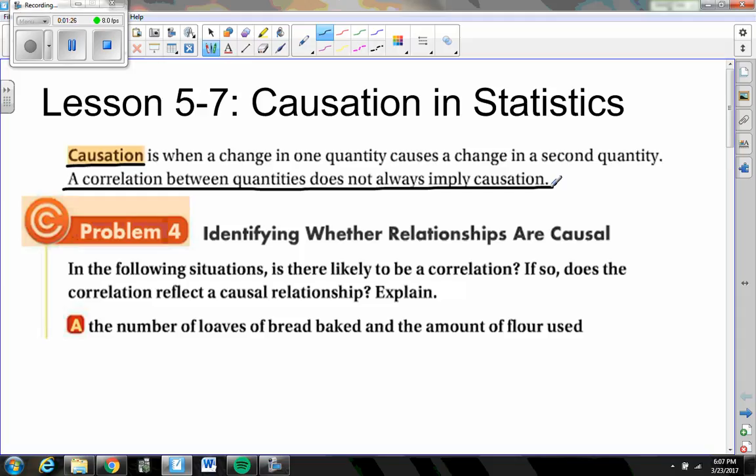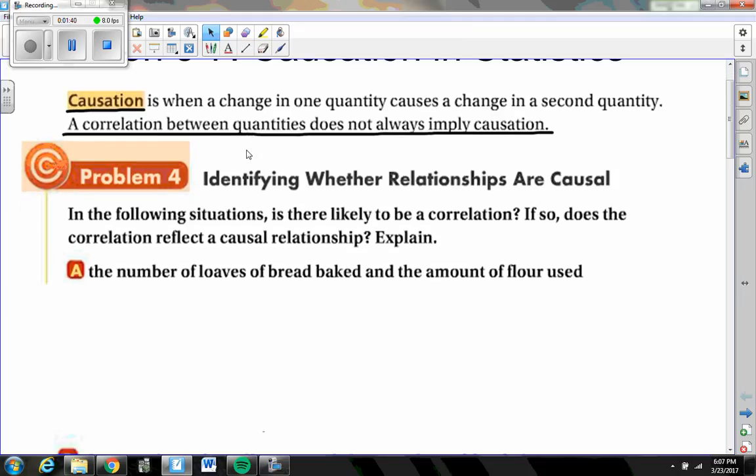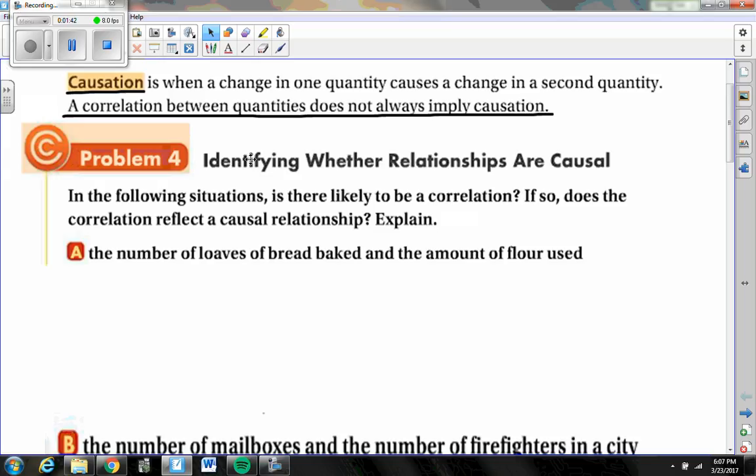Just because there's a positive or negative correlation does not mean there's always causation. So most of your homework practice problems tomorrow are looking at which situations would be causational relationships and which ones are probably just correlation relationships, okay?